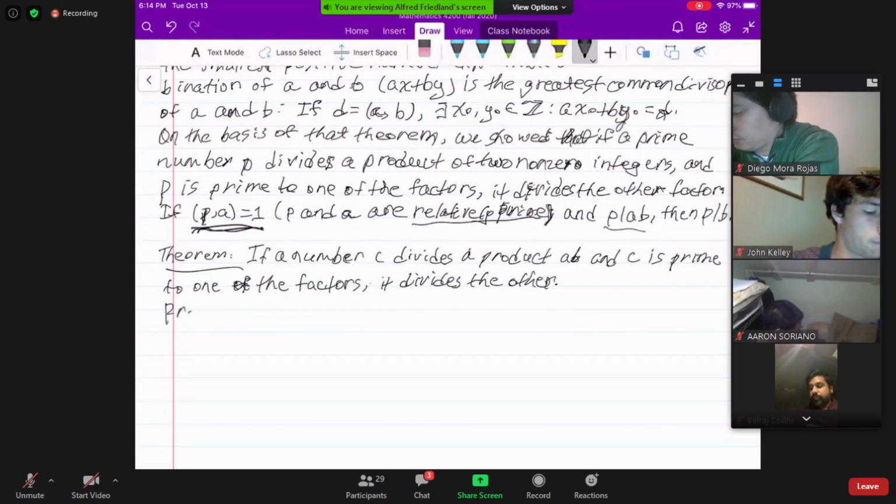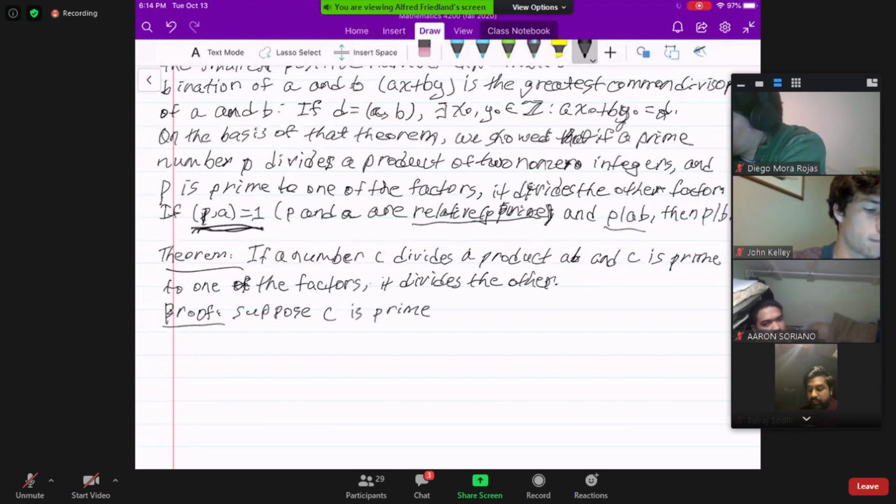So suppose C, which divides AB, is prime to one of the factors, and we sometimes say without loss of generality, suppose it's prime to A. It doesn't matter.